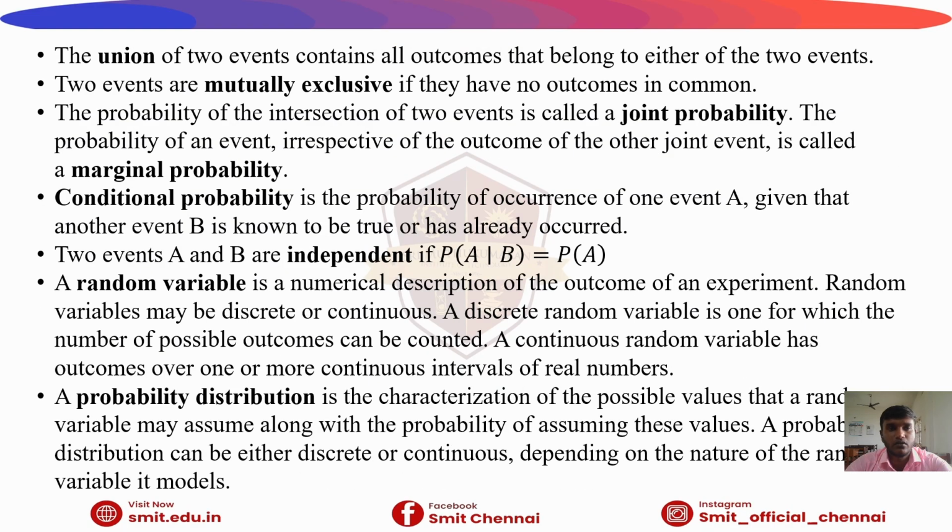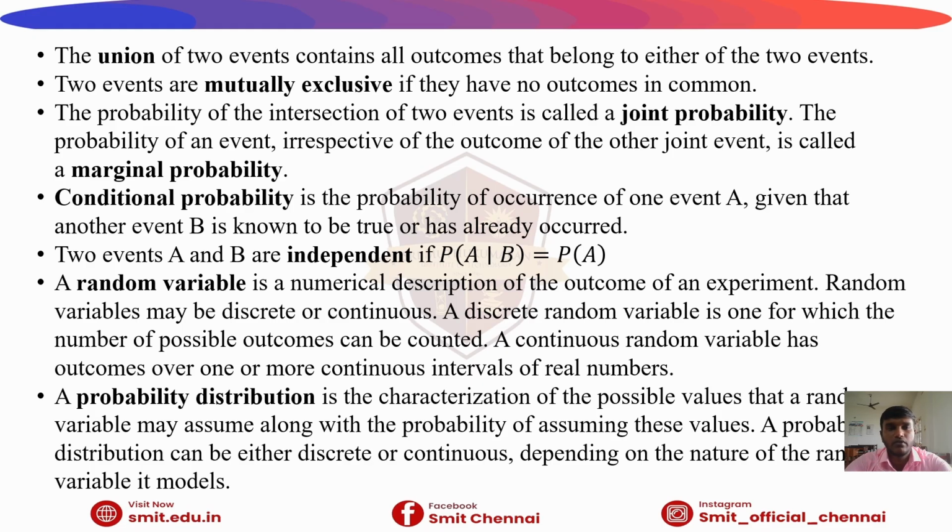The union of two events contains all outcomes that belong to either of the two events. Two events are mutually exclusive if they have no outcome in common. The probability of the intersection of two events is called joint probability.